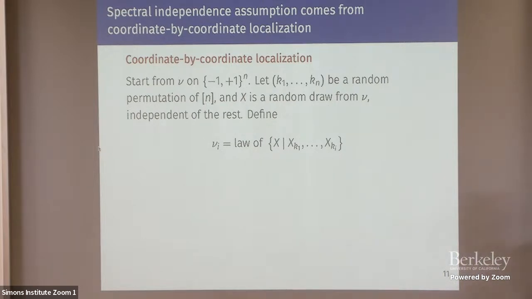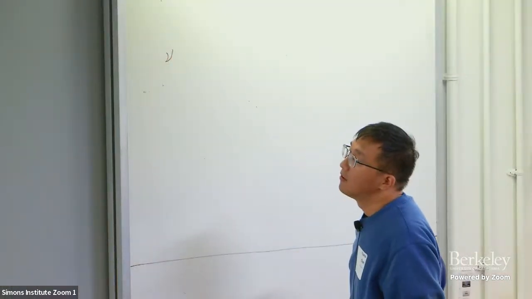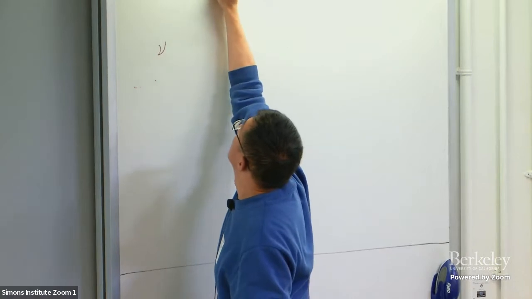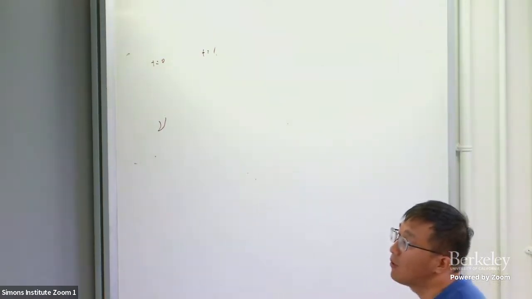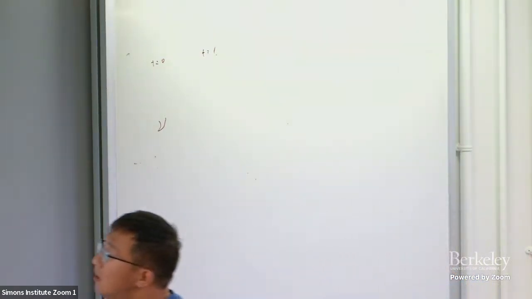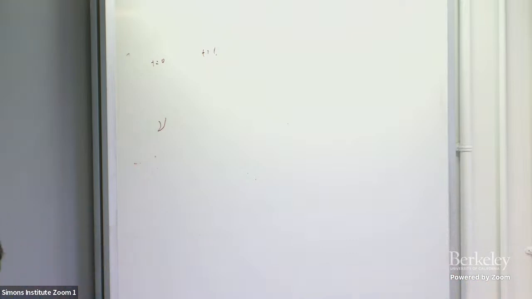At time 0, you only have your original measure. At time 1, you consider the law of x conditioned on the k_1-th coordinate being fixed.